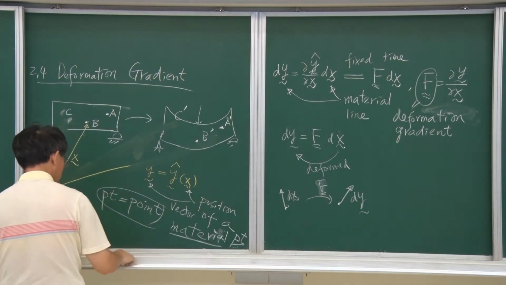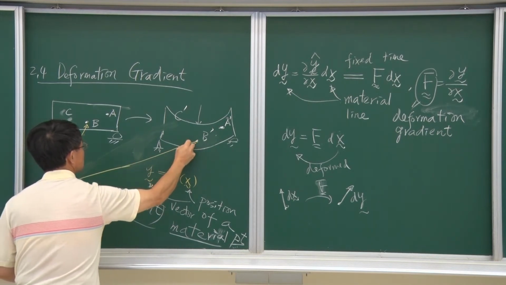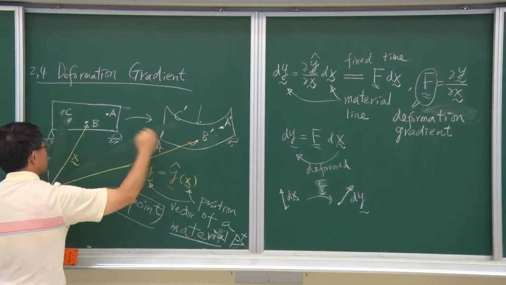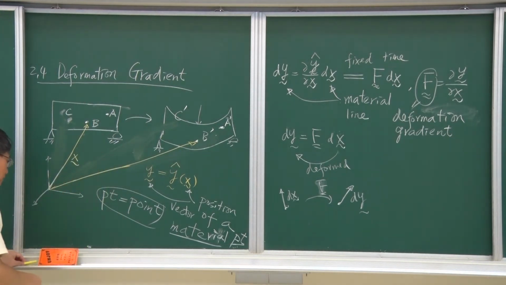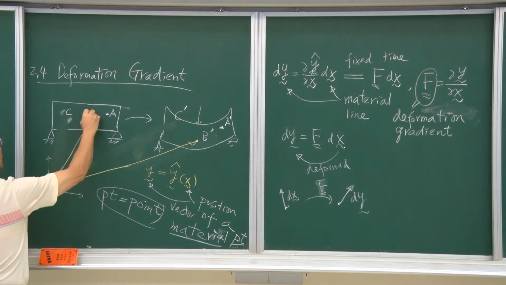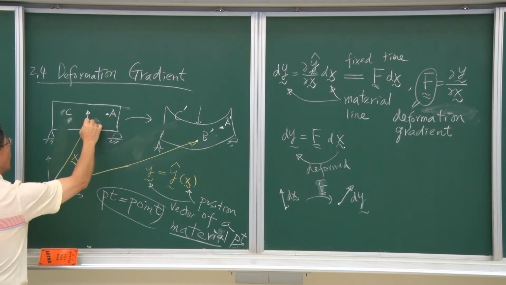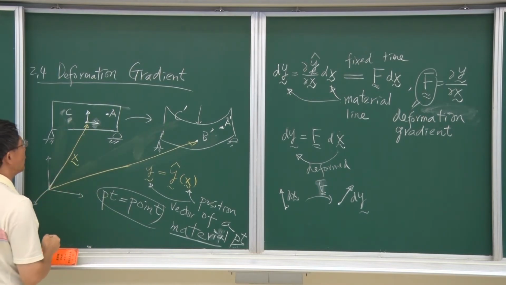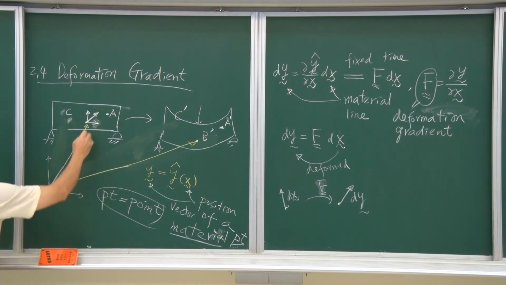Y vector, X vector after the deformation. And here we have one material in this direction, and other material in this direction, and one more material in this direction, and one more material in this direction, one more here, a lot.